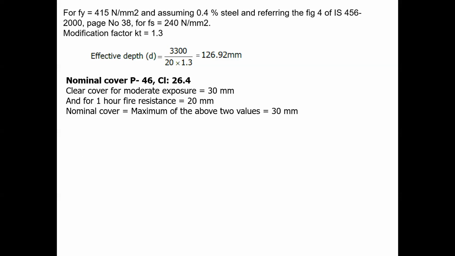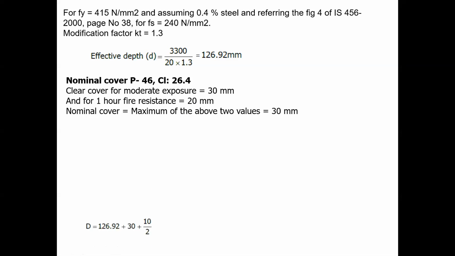Yes, sir. So for moderate exposure, you can refer to the code book. For moderate exposure, we are going to consider 30 mm. And for 1 hour fire resistance, we are going to consider 20 mm as per the code provision. When we consider the nominal cover, we take the maximum of the above two values, that is 30 and 20. So the maximum is 30 mm. So we are going to consider 30 mm.